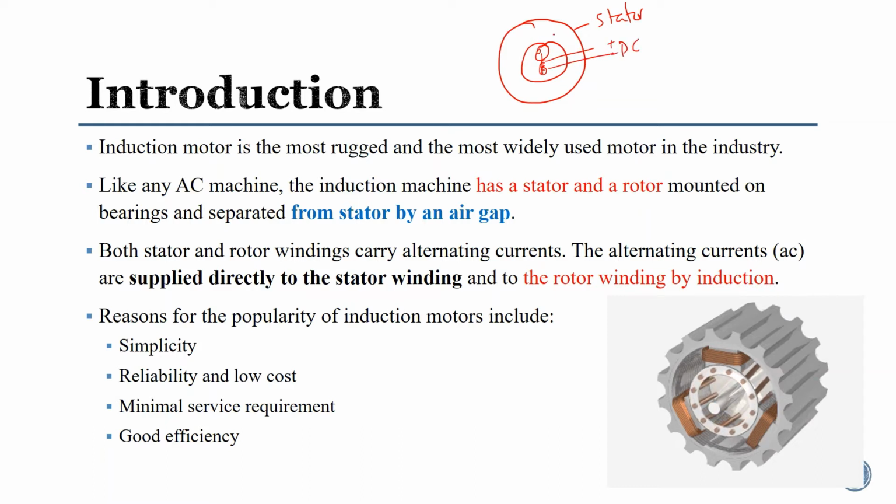To the stator, we are supplying three phase, and we are getting the stator magnetic field, and we are also getting the rotor magnetic field, and they are interacting with each other, and finally the rotor was rotating, right? So basically in this motor we have two excitations, one is the three phase and one is the DC. So this is actually called a double excited machine.